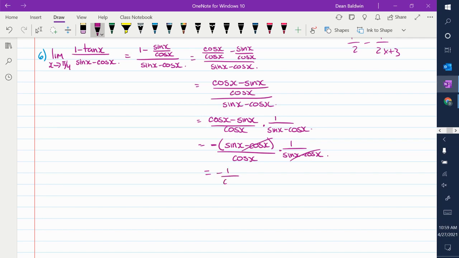And I forgot to write limit all the way through. So it's the limit as x goes to pi over 4, or 45, of negative 1 over cos of x. And if you punch that in your calculator, you should get negative root 2, which is about negative 1.41 bunch of stuff.